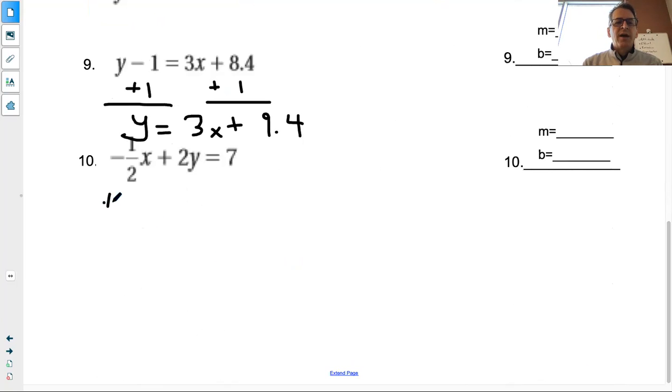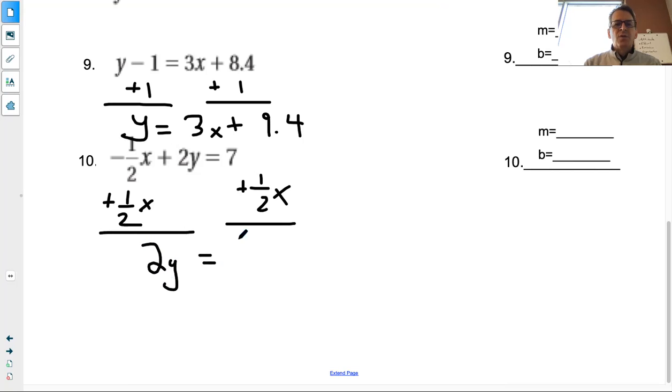First thing I'm going to do is add 1/2 x to both sides. And that enables me then to have 2 times y is equal to 1/2 x plus 7.